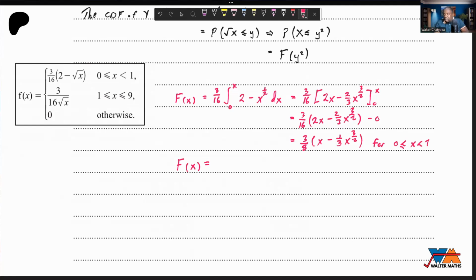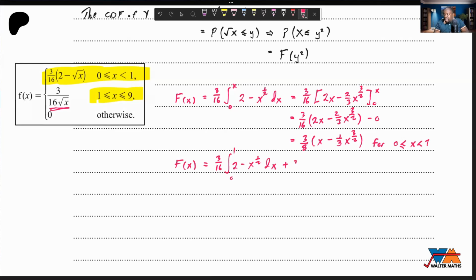So it's also equal to 3/16 of the integral of 2 minus x to the power of a half with respect to x, from 0 up to 1. That's going to be plus the integral, now I'm integrating the second piece.